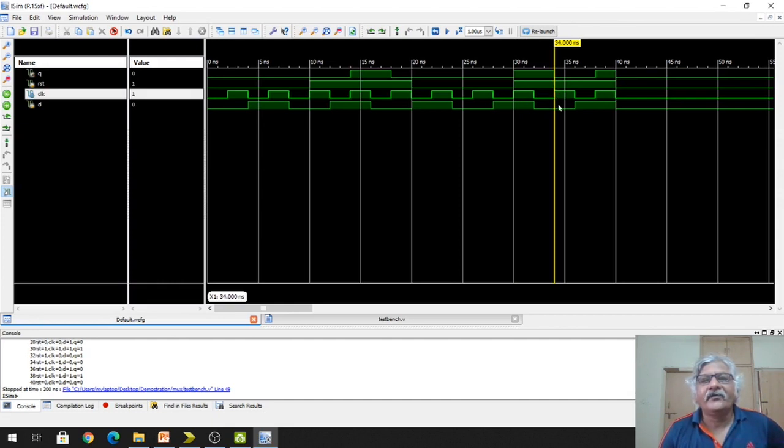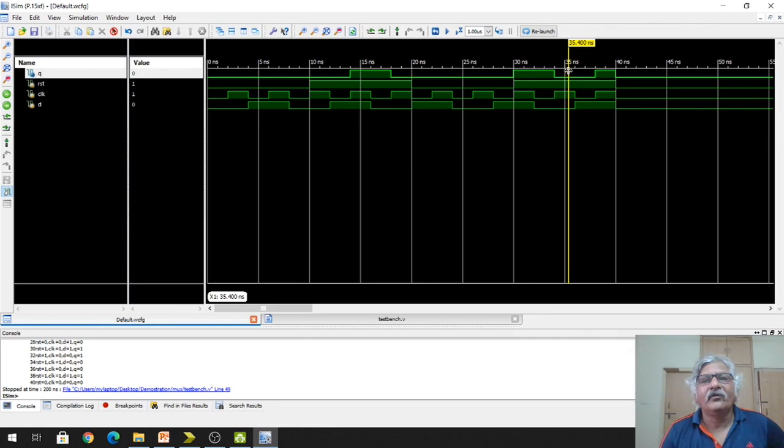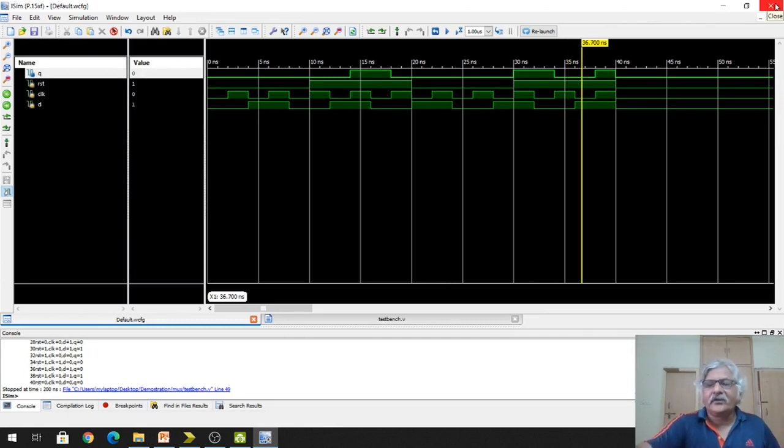At this positive edge, what is the value of D? D is 0. So output will become 0, right? So in this way, we can see that this Verilog code shows us the functionality of a D flip-flop with positive edge triggered and asynchronous reset input. Okay.